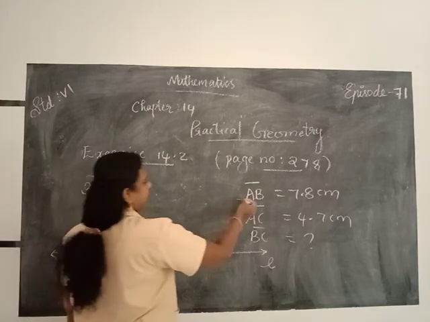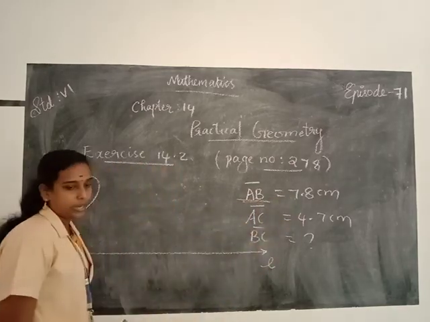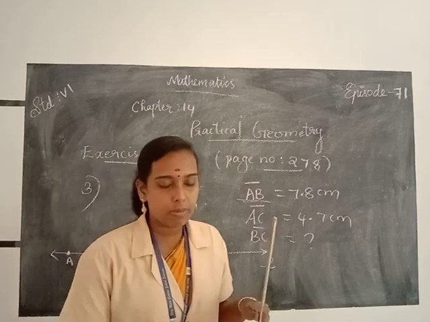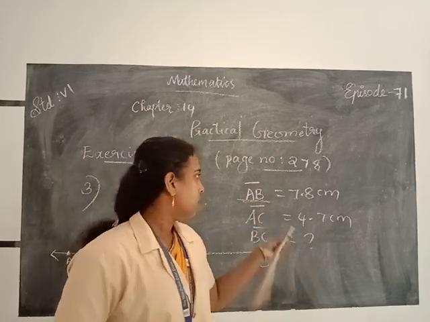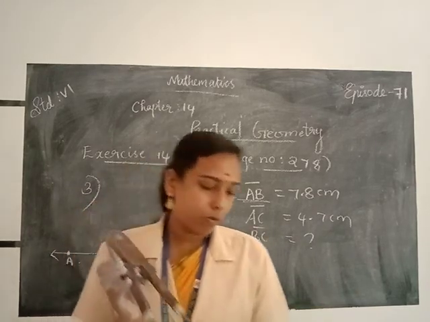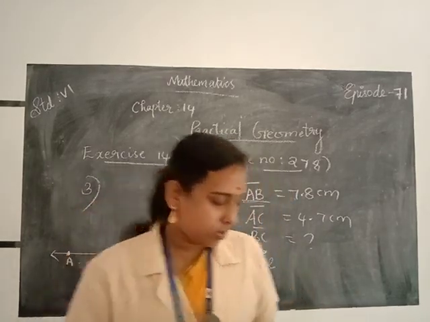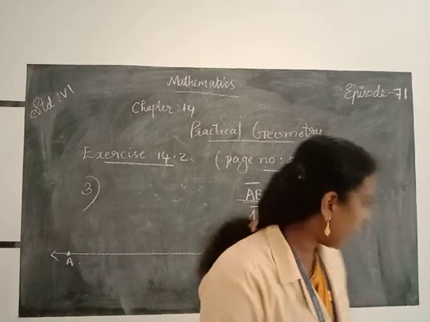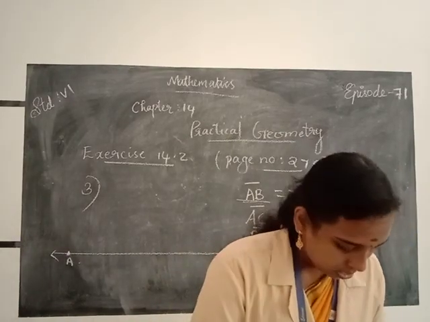And here the line segment AB is equal to 7.8 cm. So by using your compass, you take the given length, that is 7.8 cm, in your compass by using your ruler. So place the pointer to the 0 mark of the ruler and take 7.8 cm.